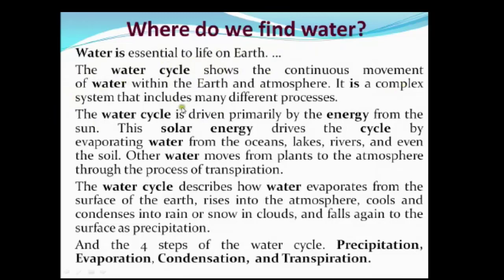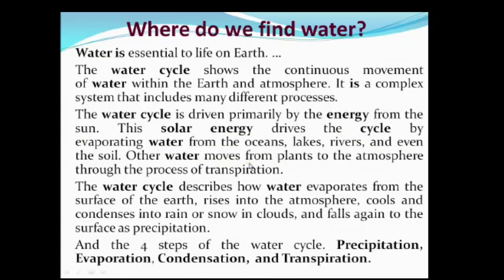The water cycle shows the continuous movement of water within the earth and the atmosphere. It is a complex system that includes many different processes. The water cycle is driven primarily by the energy from the sun. This solar energy drives the cycle by evaporating water from the oceans, lakes, rivers, and even the soil.